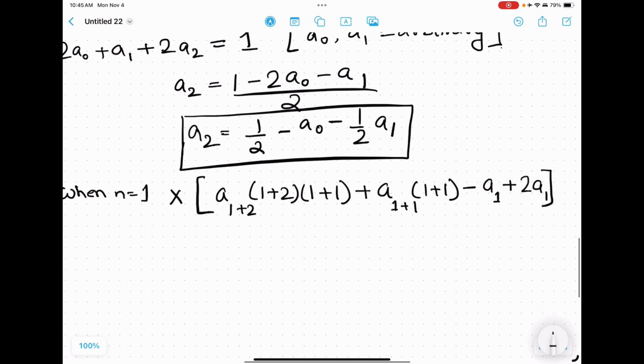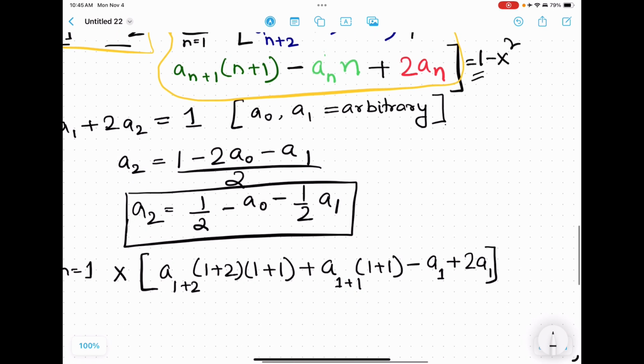Now, if I simplify that, I have 2 plus 1, that is 3, and then 1 plus 1, that is 2. So 3 times 2 is 6, and then I have a sub 3. And then plus 1 plus 1 is 2, and then a sub 2. And then I can simplify that. So I have negative a sub 1 plus 2a sub 1, that is just my a sub 1.